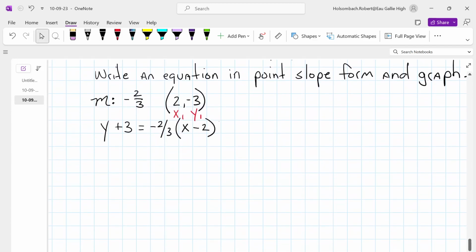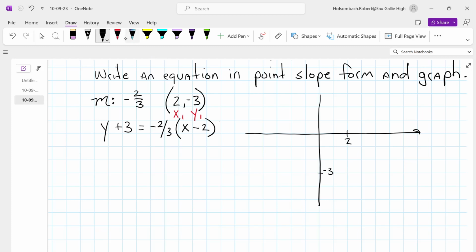We're going to graph it the same way. So we need (2, -3). So our point is at (2, -3).